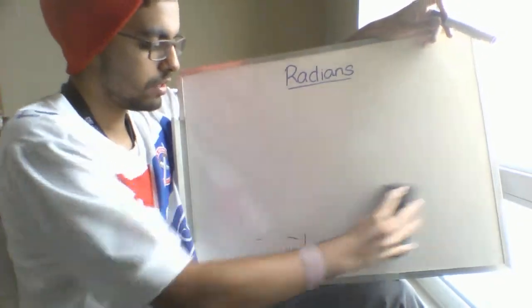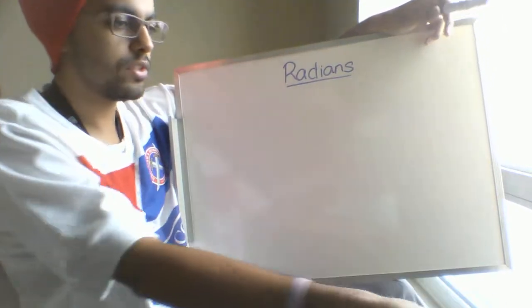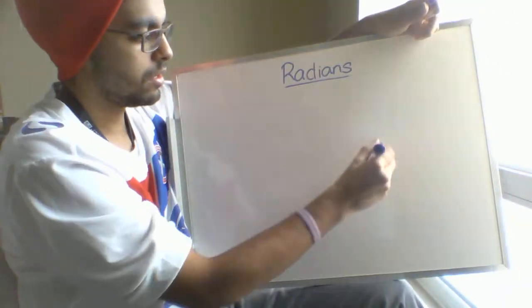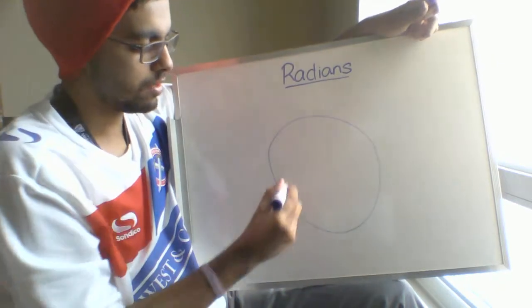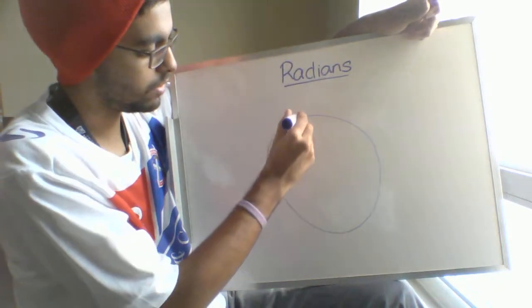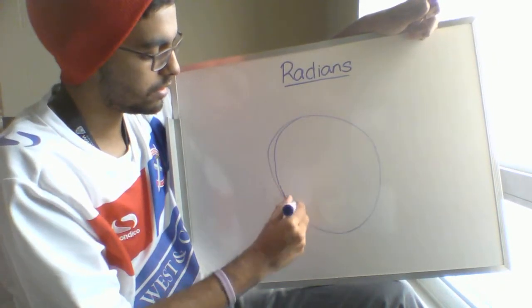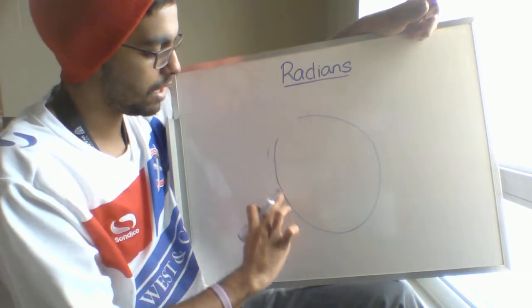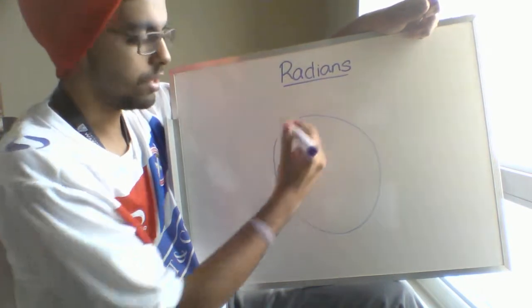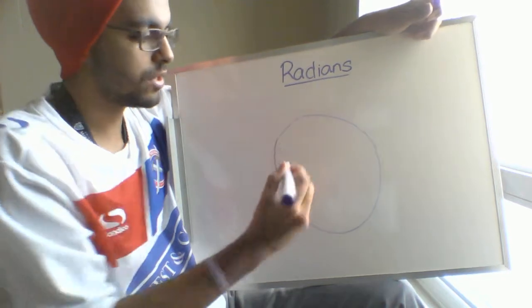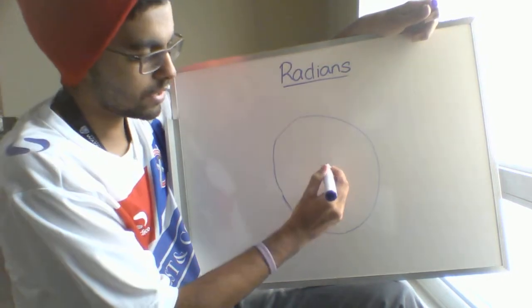the question is, if you have a circle, something like that, a circle of radius r.